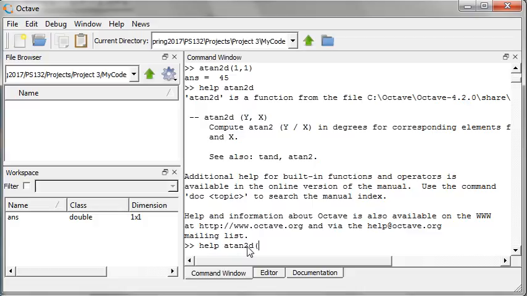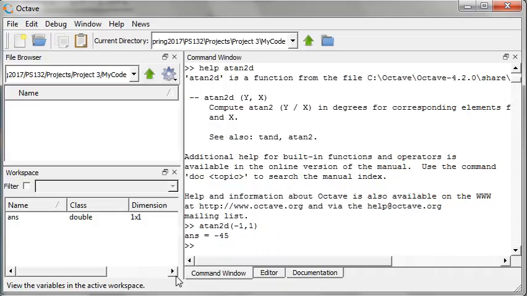So I'm gonna try minus 1 comma 1. Where I am, it's x comma y, so I'm to the right and then down, so that would be minus 45, or you could call it 360 minus 45, which would be 315. And this time I don't want help, I want the actual function.